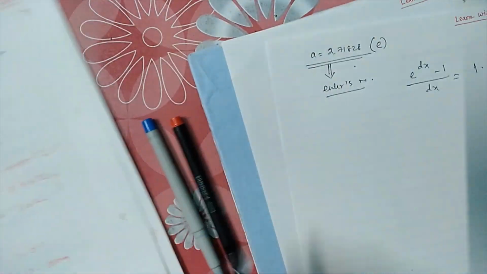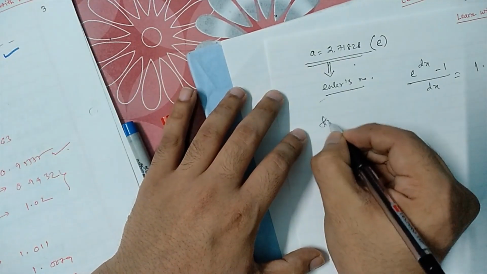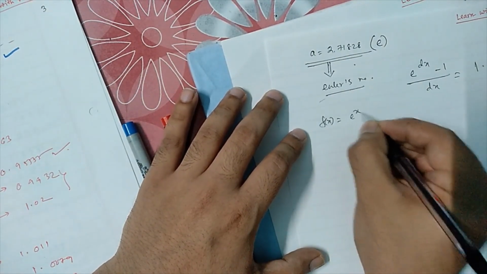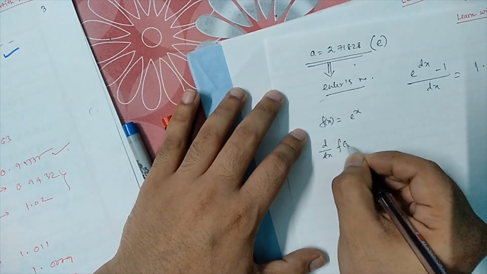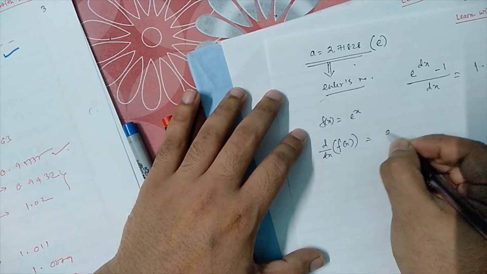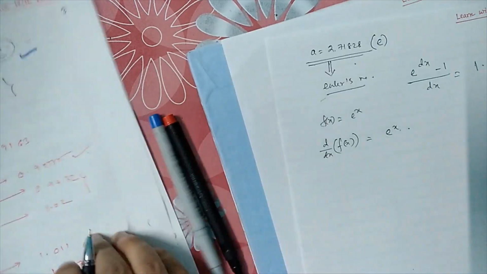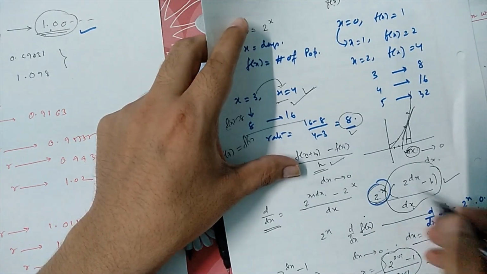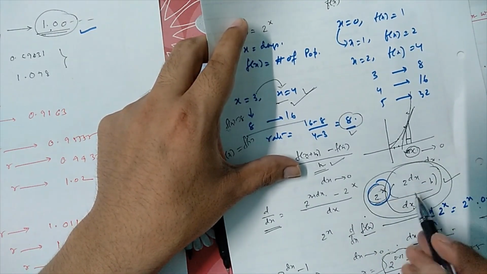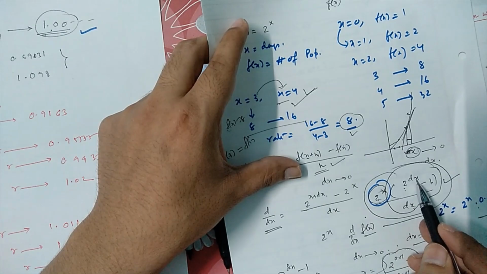Now suppose f(x) is equal to e to the power x, then d/dx of f(x) is equal to how much? e to the power x into, as we got here, d/dx of a to the power x is a to the power x into (a to the power dx minus 1) by dx.